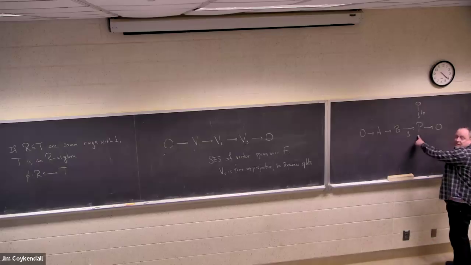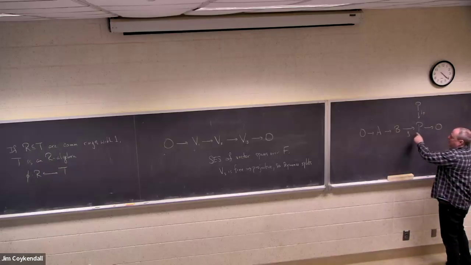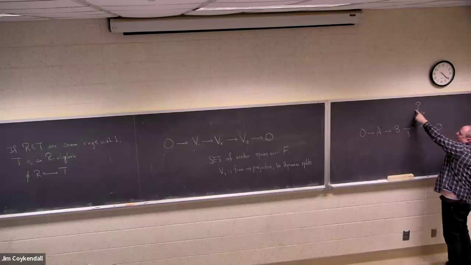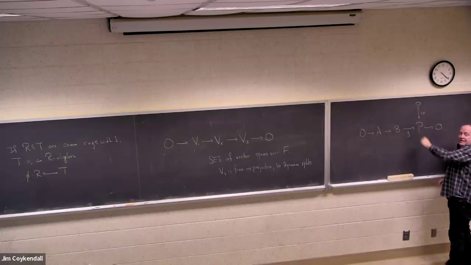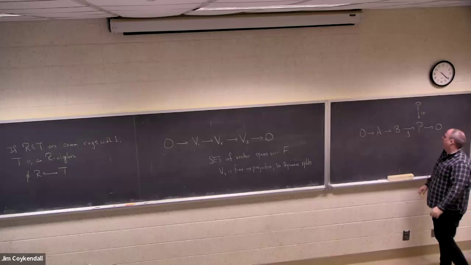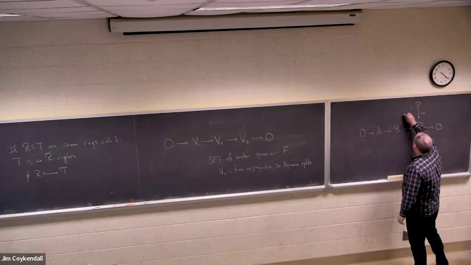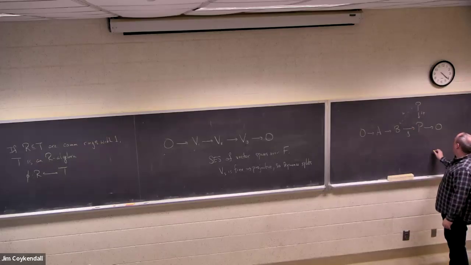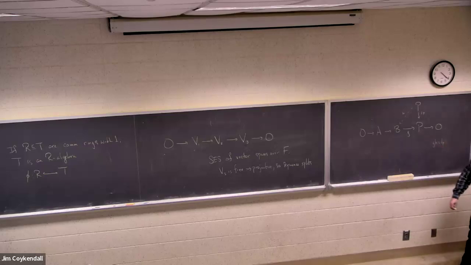P is projective, and this is onto. So I'm going to put P up here, and this is the identity function. Because P is projective, there's an H that goes back. So when I do H, then I do G, this is the identity on P. And that's what it means to split.